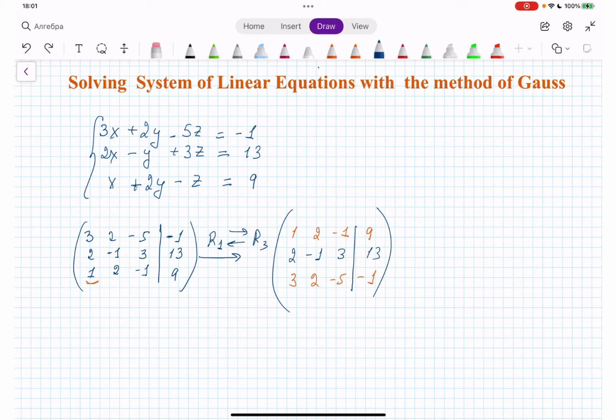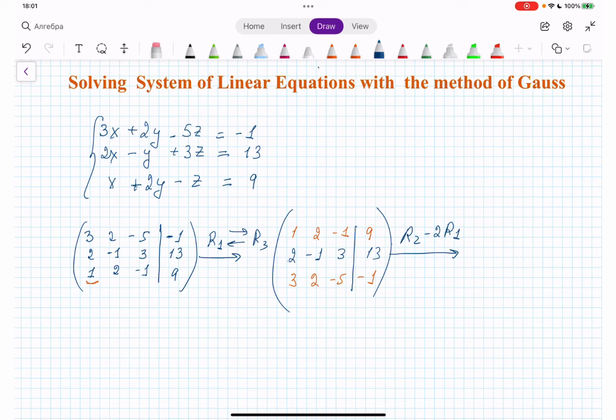I'm going to do the following operations, two at the same time because they are not related. If I make this one 2 and subtract 2 minus 2, the second line minus the first line multiplied by 2, I'll get 0 instead of 2. So first, I'm going to do R2 minus twice R1.